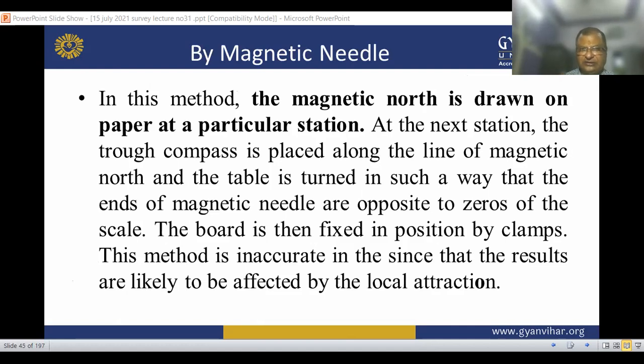In this method, the magnetic north is drawn on the paper at a particular station.